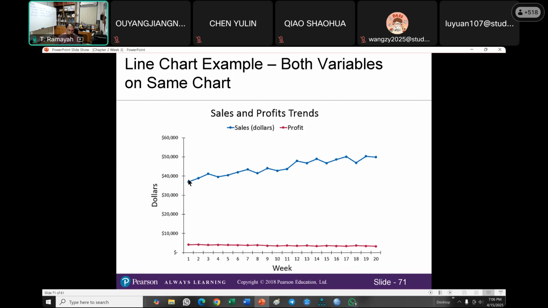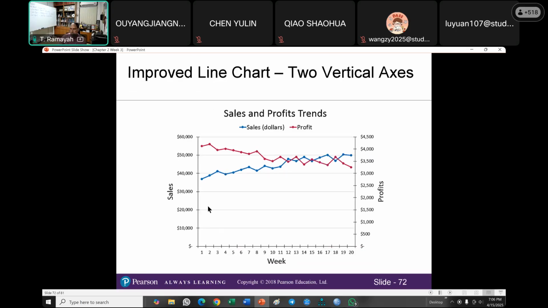Because of the scaling. So if you have this kind of data, and you want to see two different variables in the same chart, you should not have one scale. What we can do is have two scales. On the left is for sales, on the right is for profit. If you do this together, you can see clearly that sales is increasing, but profit is decreasing.